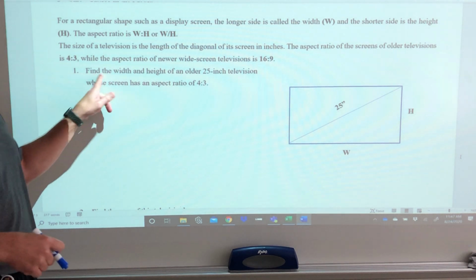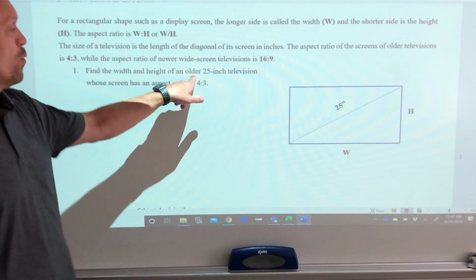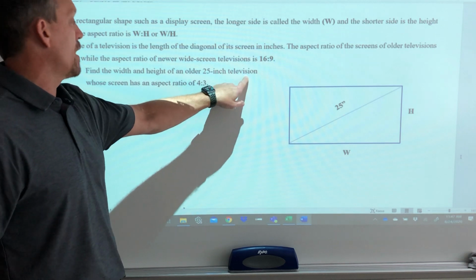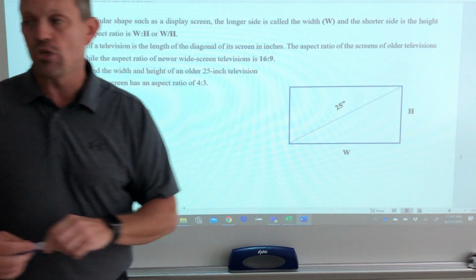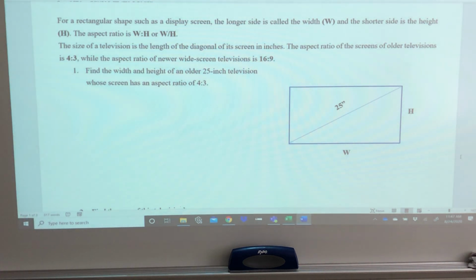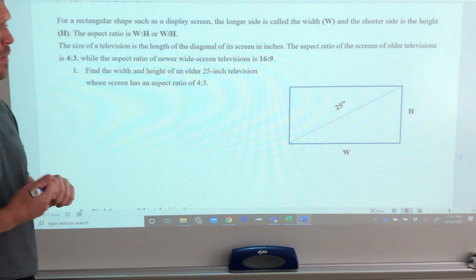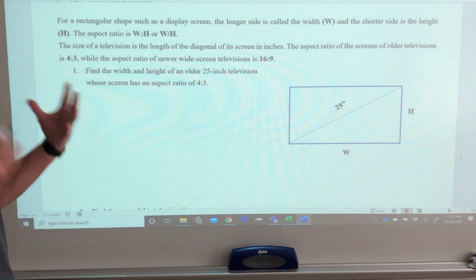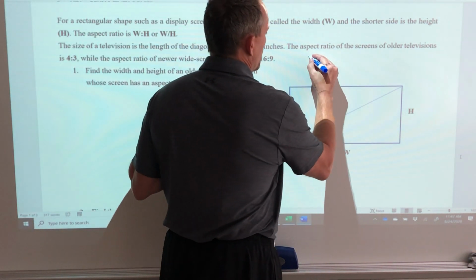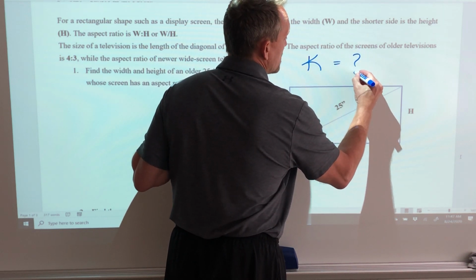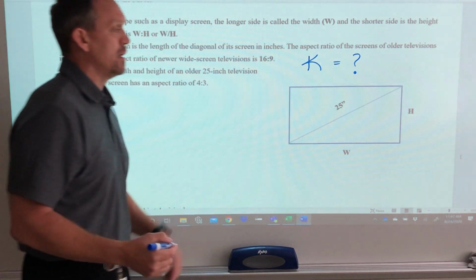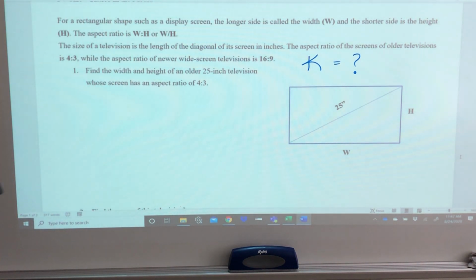Okay? So it says find the width and the height of an older 25-inch television whose screen has an aspect ratio of 4:3. To find the width and the height, we have to find something called K. We don't know what K is, but K is a variable, a number.